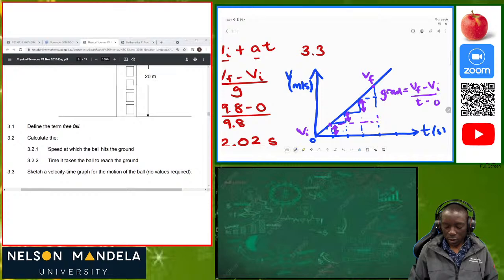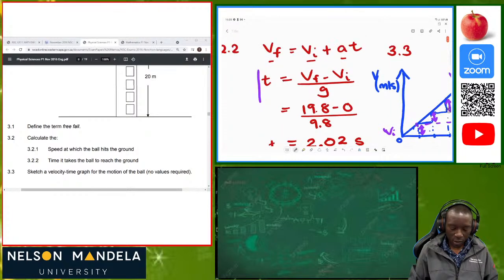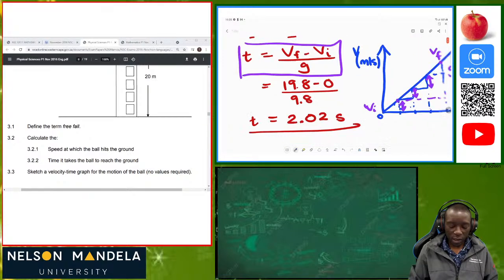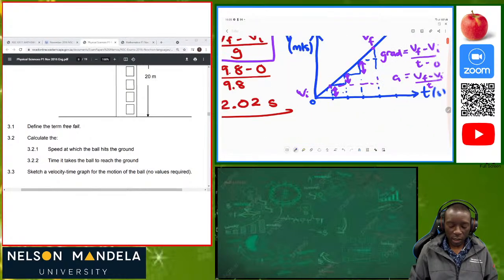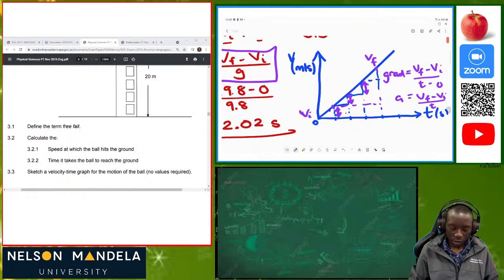And you can already see what this equation is. Vf minus Vi over t. This is similar to the acceleration. Where do we have Vf minus Vi? Okay, so it's a rearrangement of that. If we make a the subject, then Vf minus Vi over t will be the acceleration. So the gradient of that velocity time graph gives you the acceleration.